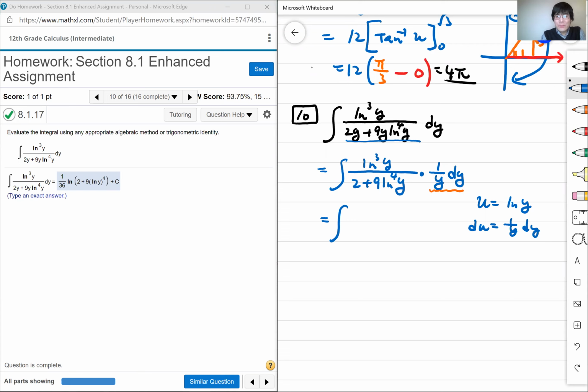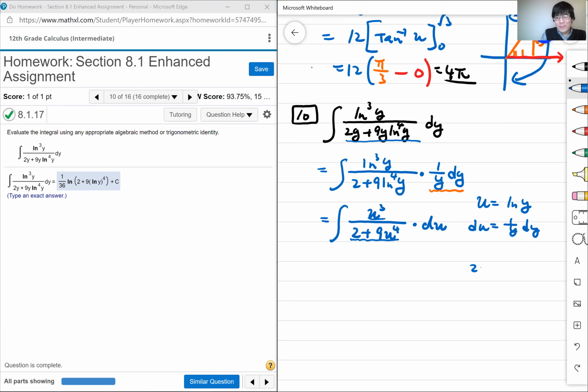So after making a substitution, it's going to be u cubed over 2 plus 9u to the power 4 du. Now things look straightforward. You see that the derivative of the bottom is the top, which is nice. So basically done.